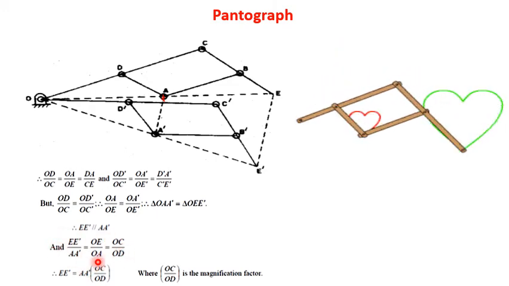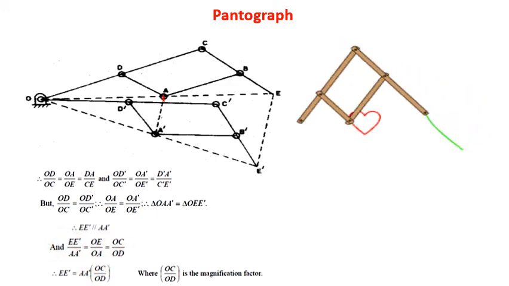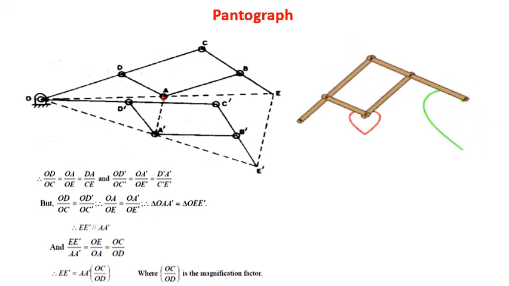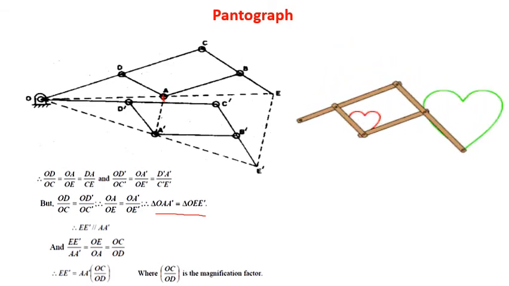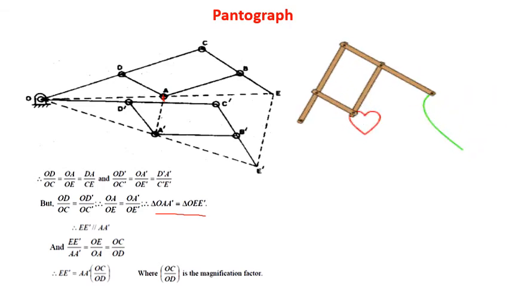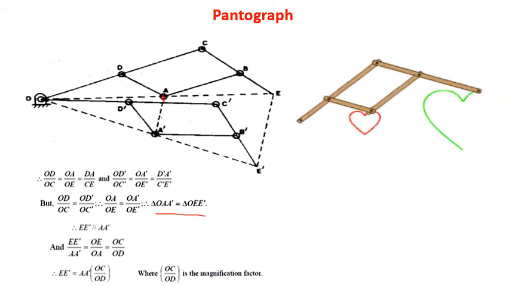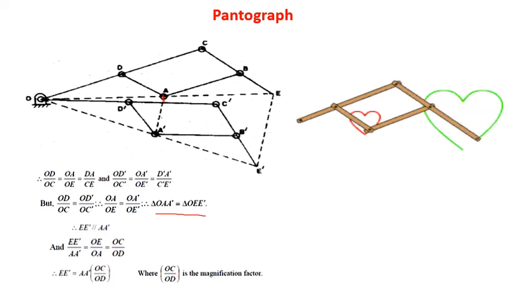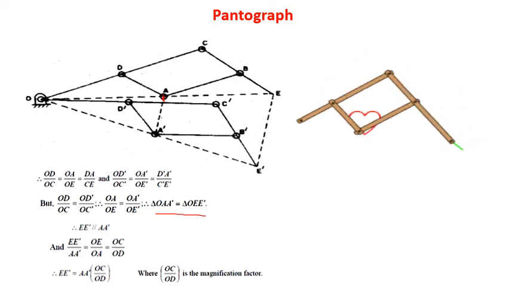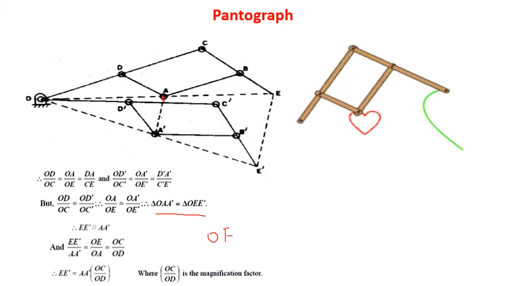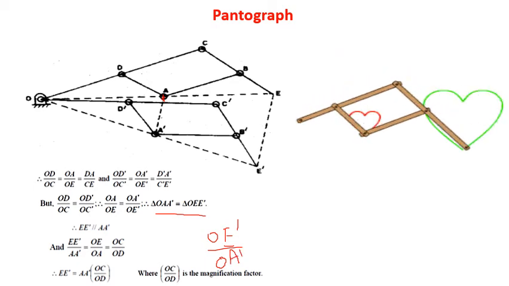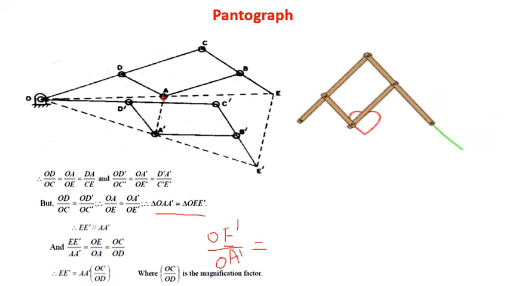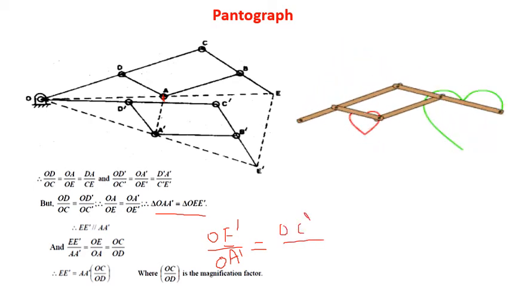So you got this equation. We have considered these two triangles, triangle OAA dash and triangle OEE dash. So EE dash by AA dash, next OE dash by OA dash is equal to OC dash divided by OD dash.